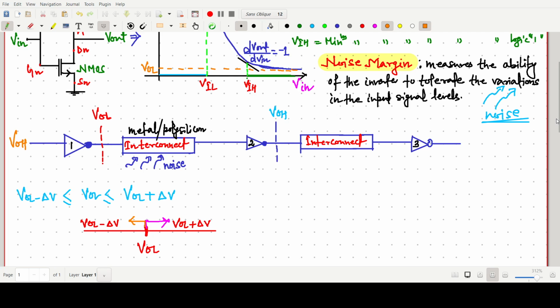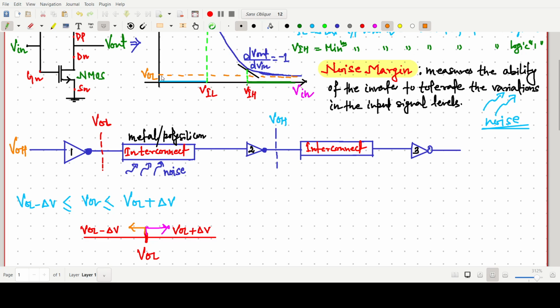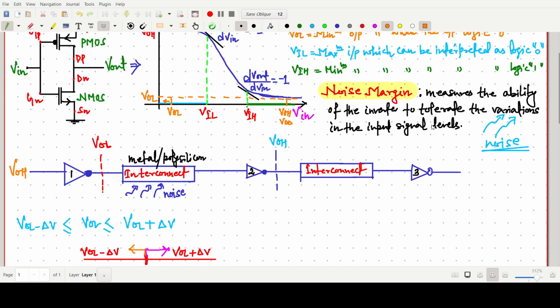From the figure, this one is our VOL and this value is VOH, or simply VDD. If due to noise we go to this side, the inverter will still give the logic high value VOH.